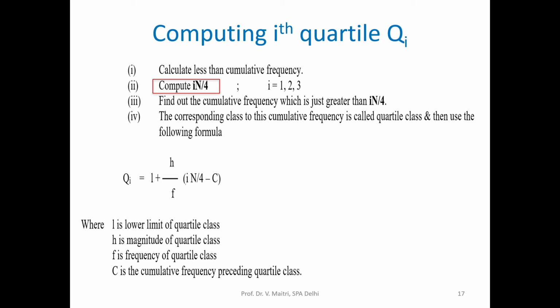For Q1 we use n by 4, and for Q2, that is the median, it becomes n by 2. Other values are the same, and for Q3 it is 3 times n by 4. So the median formula and all these quartile formulas are the same. We can calculate the median as well as these values.